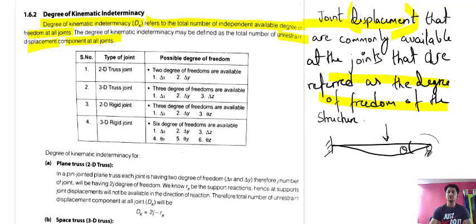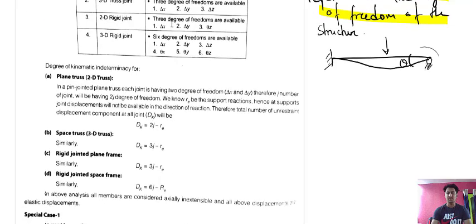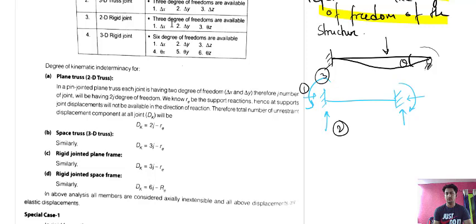For that, see this example: in the case of a fixed beam, how many reactions are there? Vertical, horizontal and one rotation. Here also one vertical, one horizontal and one rotation. So this is 1, 2, 3, and now 4, 5, 6.